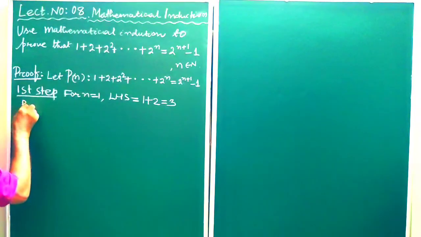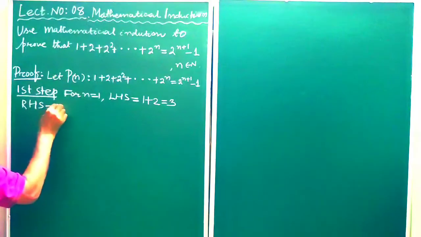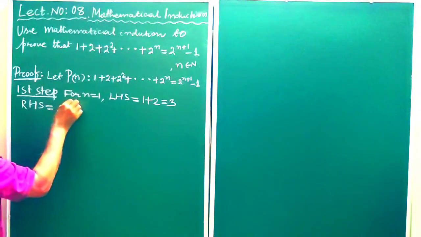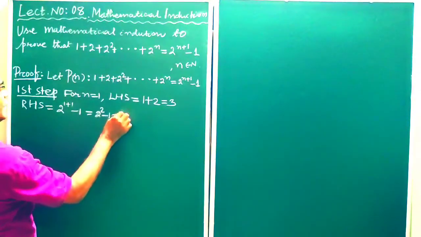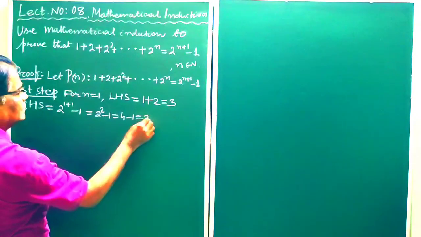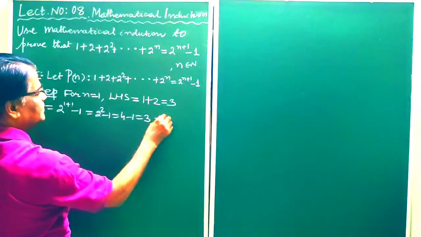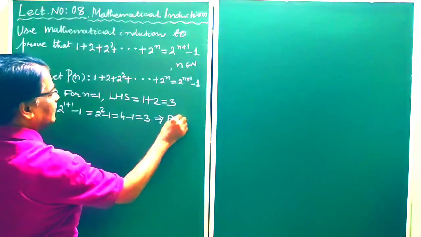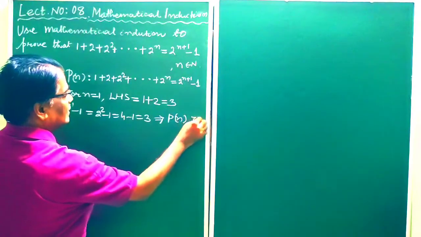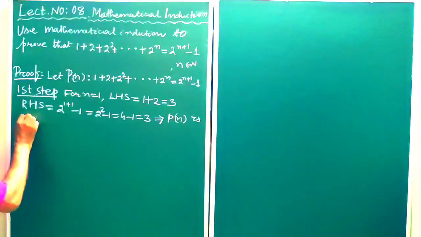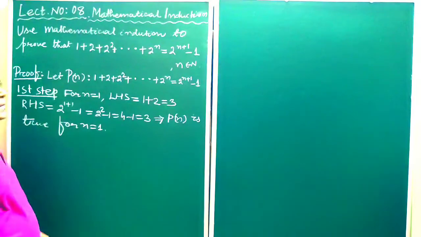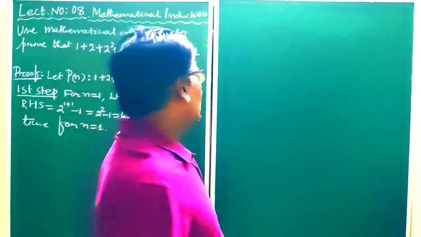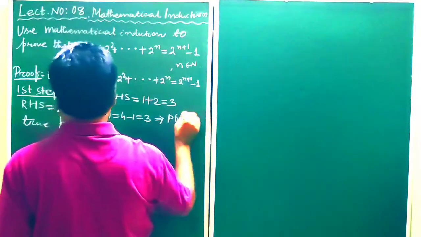And now the right hand side is 2¹⁺¹ − 1, this is 2² − 1, 4 − 1 = 3. This implies P(n) is true for n = 1. So P(n) is true for n = 1.